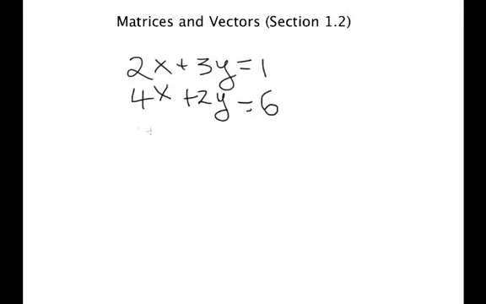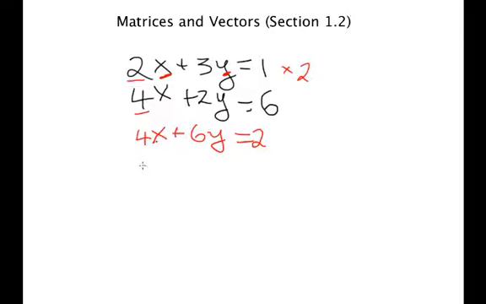And we did some formal manipulations with this to solve it, which is to say we looked at the 2 and the 4 and we multiplied this by 2 and turned this equation into 4x plus 6y is equal to 2, and so on. And if you think about it for a minute, it's pretty clear that this x and this y are just coming along for the ride. They're not really doing anything. So it's very convenient to get rid of them.